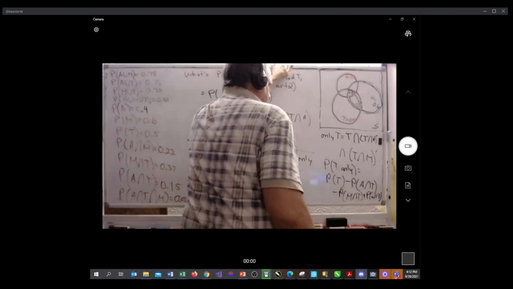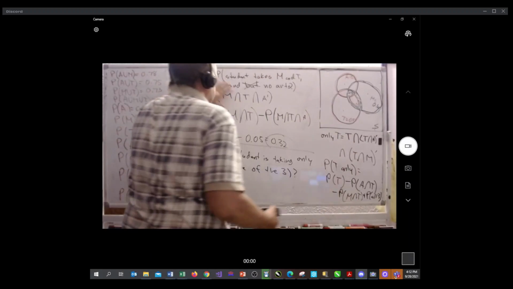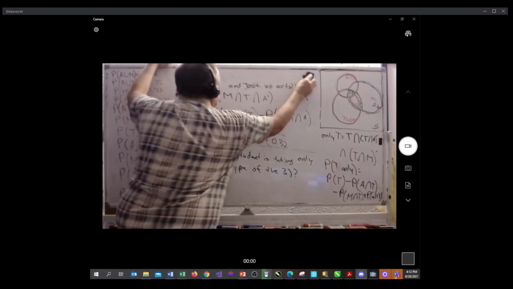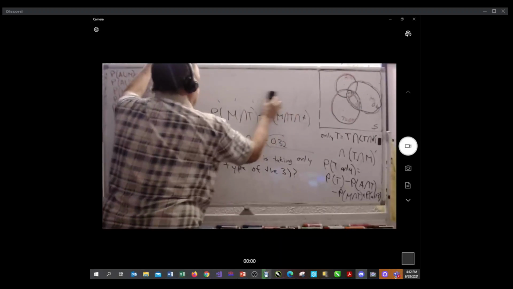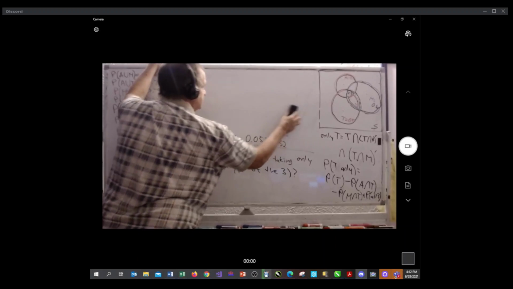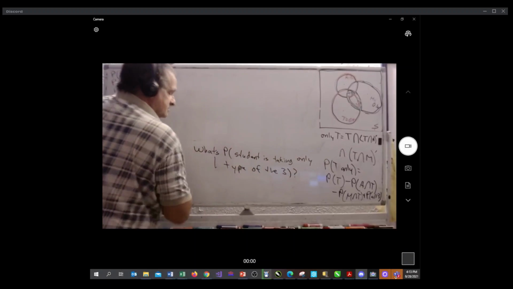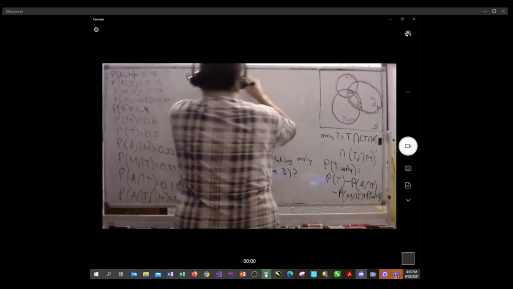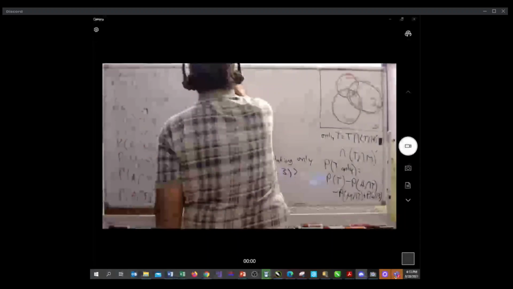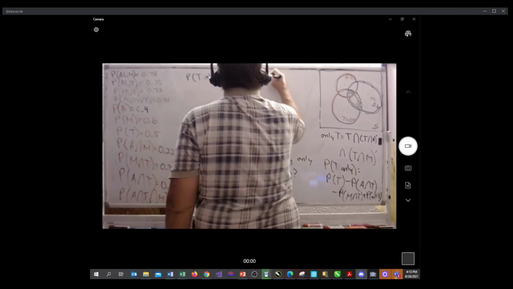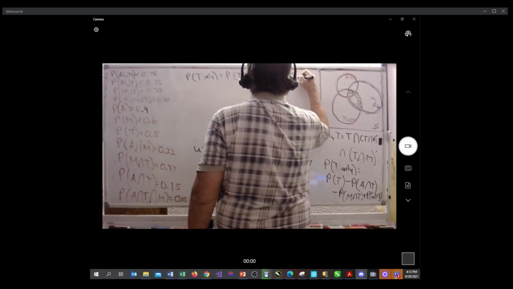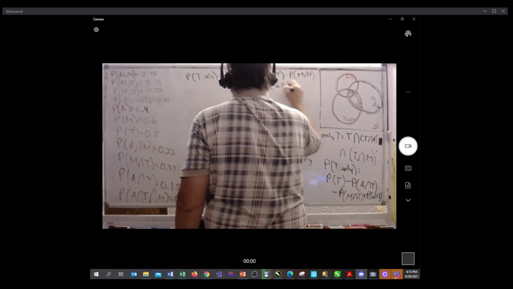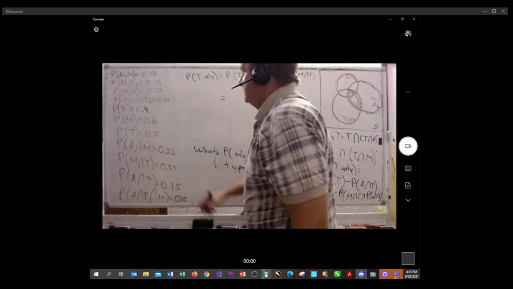Okay, what do you get for T only? And can I get rid of this stuff up here because I'm running out of room? Going once, twice. Okay. So what's the probability of T only, guys? What's T? 0.5?